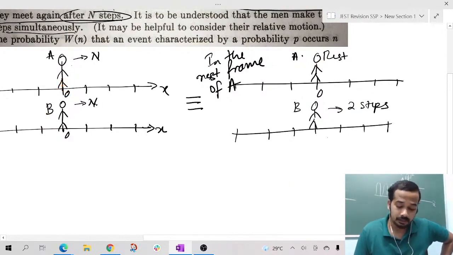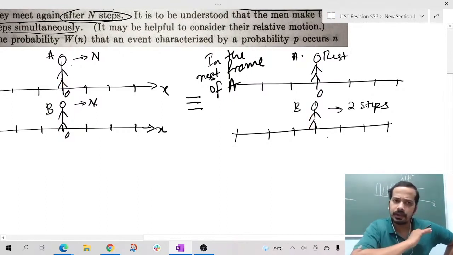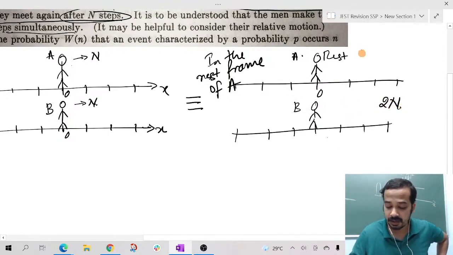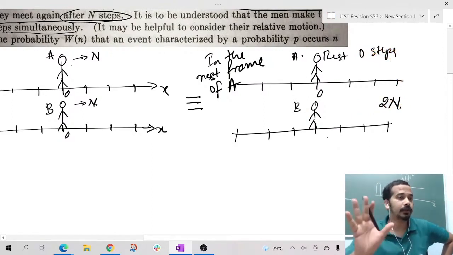Then with respect to A, B will take 2 steps, either to the right or left with equal probability, very random. That's why the total number of steps that B takes will be 2n while A takes 0 steps. These are equivalent. Can you feel this one or not?